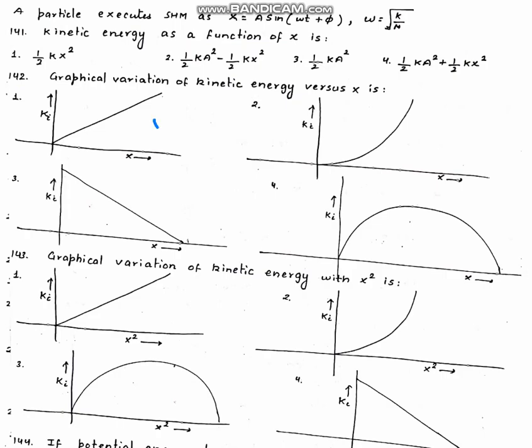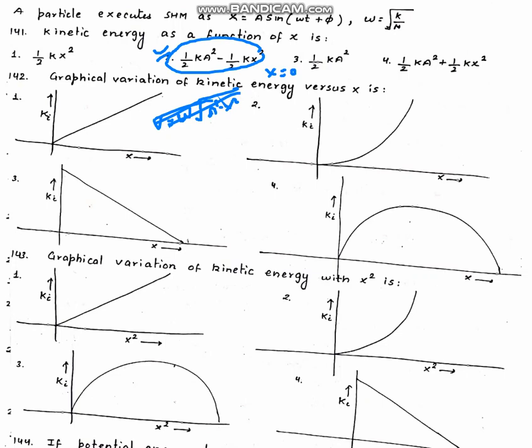So velocity here will be, we can use the equation that v is equal to omega root a square minus x square, or we can use verification techniques that if x is 0, which corresponds to the mean position, so kinetic energy will be maximum over here, which is given by the second option.